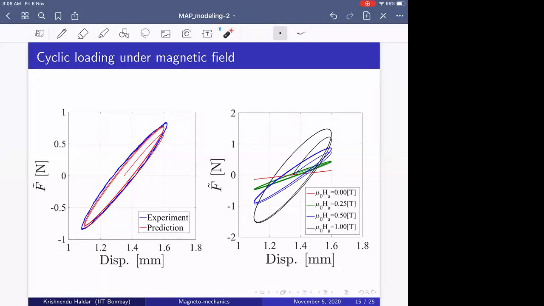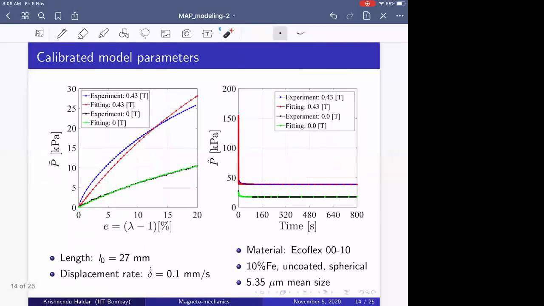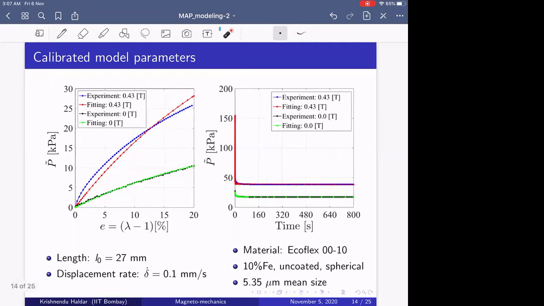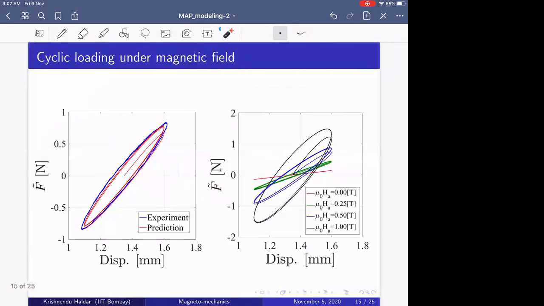All the calibration is done from these experiments, the five experiments, and then we are predicting how well our model could match the actual experimental response of the cyclic loading.